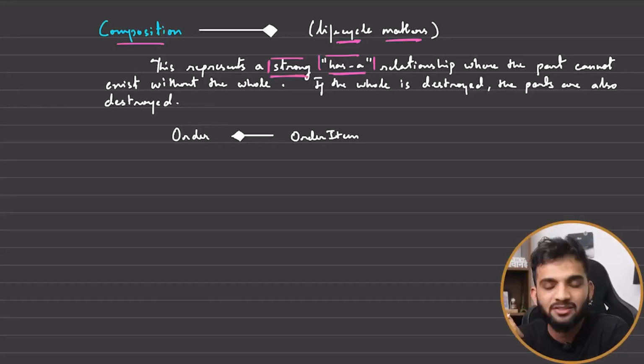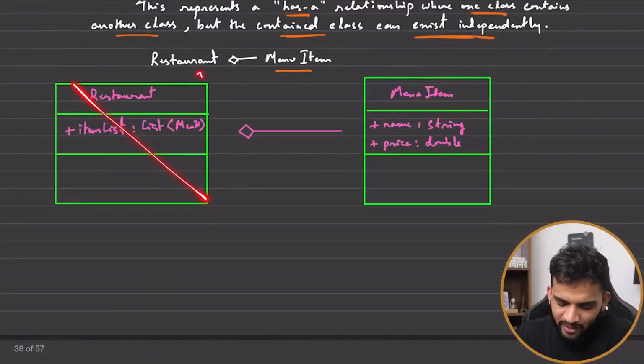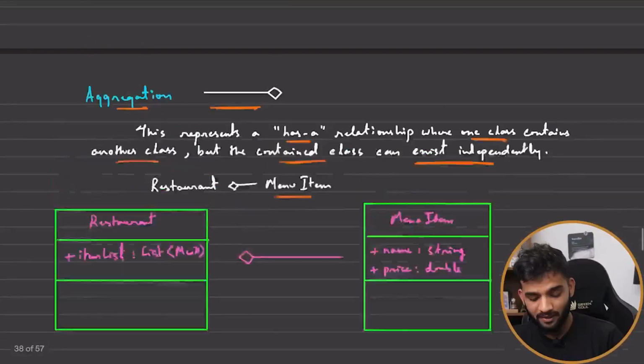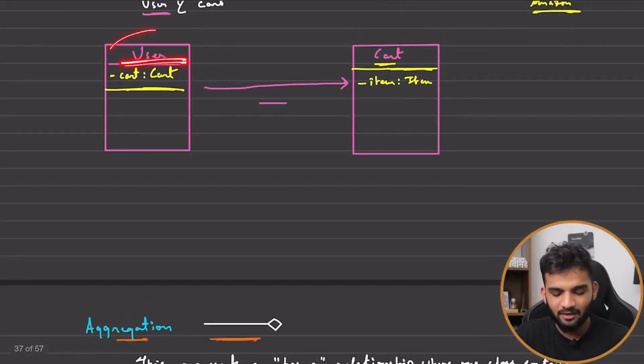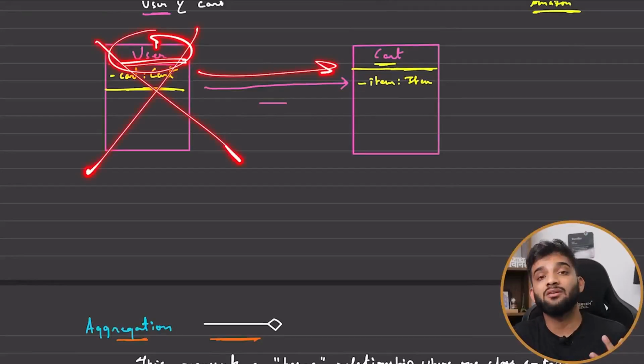What does strong has a mean? It means the other part cannot exist without the whole. If I destroy the restaurant, the menu item can still exist and serve anyone else. But if the user has a cart and I destroy the user, the cart object of the class will also be destroyed.